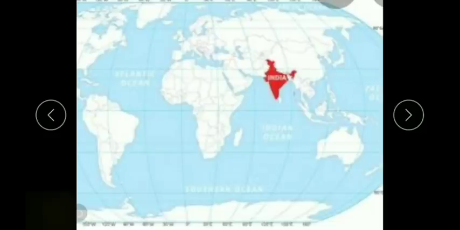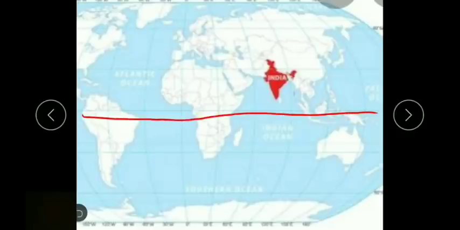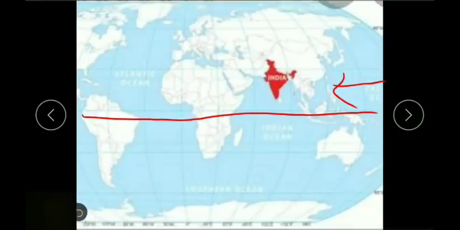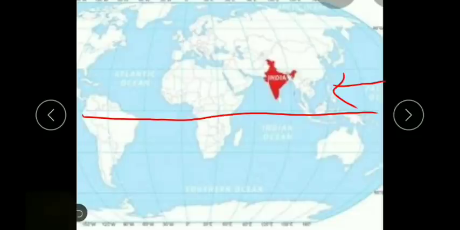Here you can clearly see different continents, and this is the equator. We are above the equator, and to the east, this is north eastern side. So India is in the northeastern hemisphere.